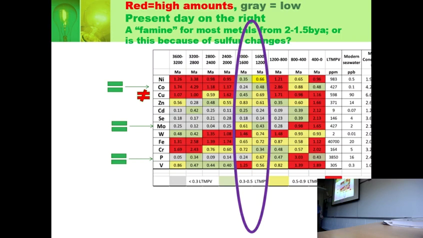Molybdenum and phosphorus, they both go up, with a burst of phosphorus in the oceans around the 800 to 400, which is consistent with the idea that snowball Earth caused phosphorus and calcium and all these things to be put into the oceans. And phosphorus, as you know from biochem, is very important for all kinds of life, but especially multicellular.